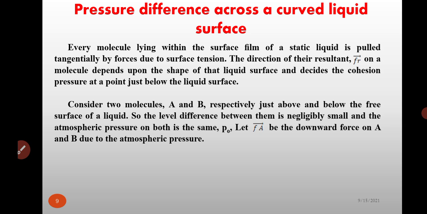Consider two molecules, molecule A and molecule B, respectively just above and below the free surface of the liquid. The level difference between them is negligibly small and the atmospheric pressure on both is the same, P0. Let Fa be the downward force on A and B due to the atmospheric pressure.